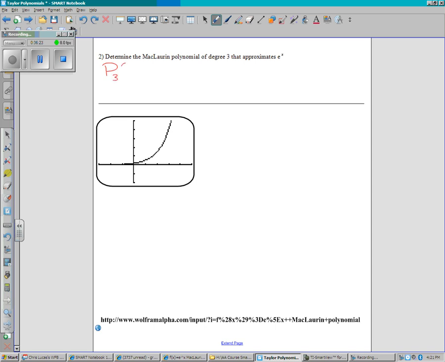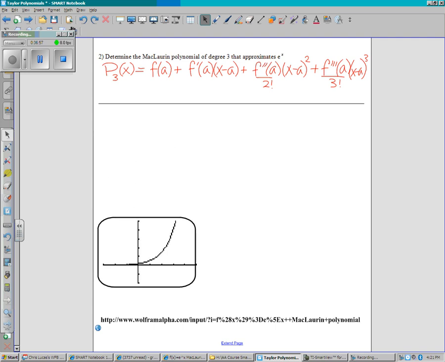The polynomial of degree 3 is equal to the function value at the point plus the derivative at the point times x minus a, that linear term, that point slope form for the equation y, plus the second derivative at a over 2 factorial times x minus a squared, plus the third derivative at a over 3 factorial times x minus a cubed.